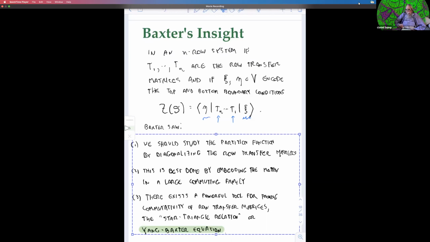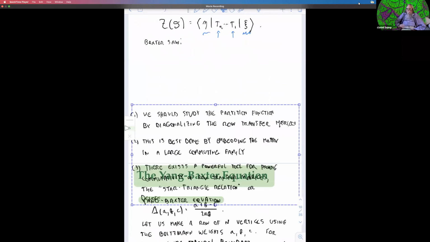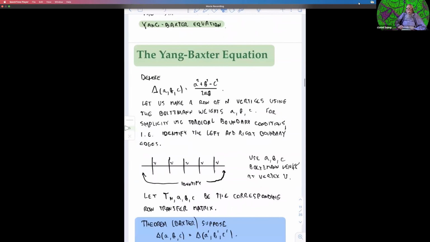Furthermore, he understood that there was a powerful tool for doing that, which he called the star triangle relation, but people called it the Yang-Baxter equation. The term star triangle relation, I think, goes back to Onsager. It didn't play a big role in Onsager's work on the Ising model, but it was present.